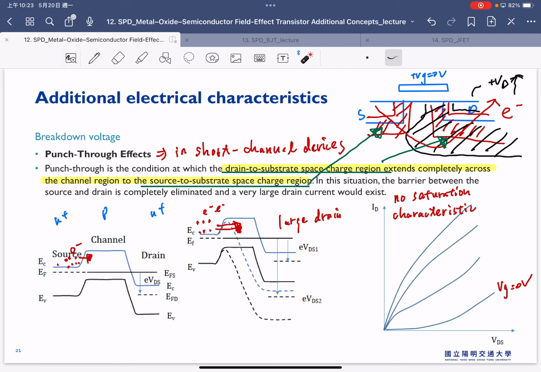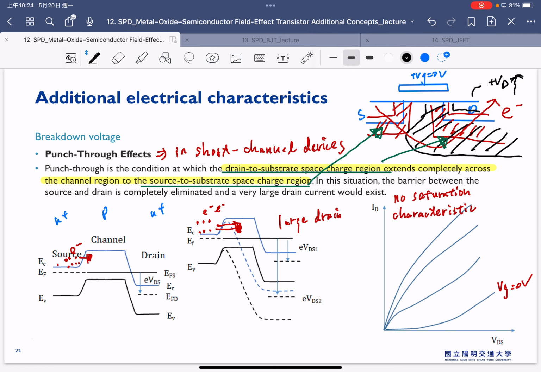That causes the issue that we cannot successfully model or predict this kind of transistor characteristic. So in general, in the case of punch through, there are two issues.